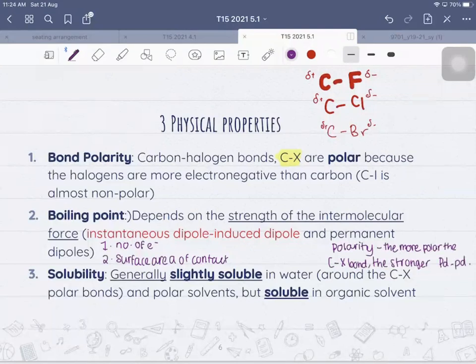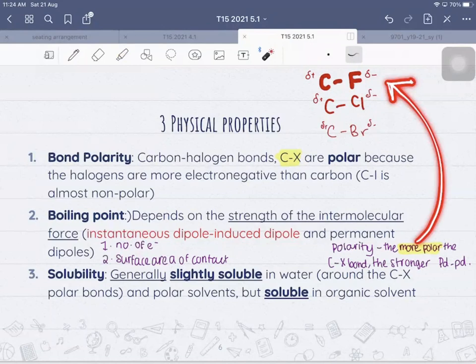Again, how do we know this strength of polarity? It goes back to this concept. The carbon-fluorine bond is the most polar bond because the electronegativity difference is the biggest, and the carbon-bromine bond is the least polar bond because the electronegativity difference is the smallest.